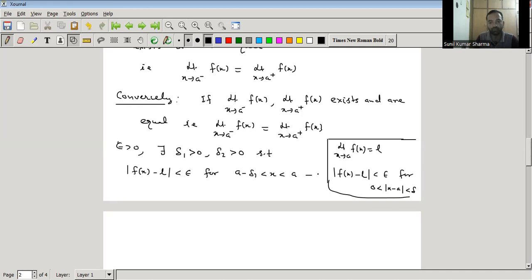Let this be my first equation. And for the right hand limit, mod f(x) minus L is less than epsilon for a less than x less than a plus delta 2.